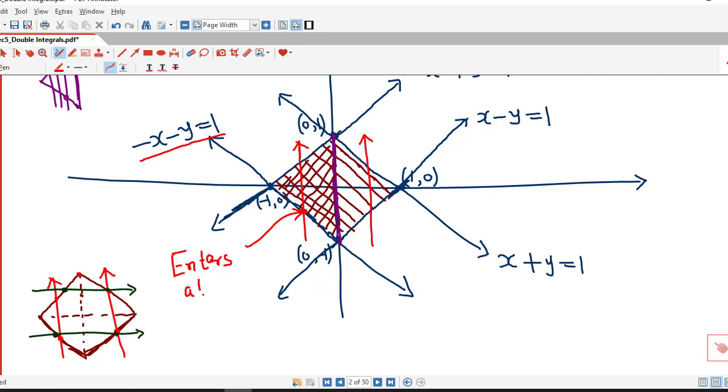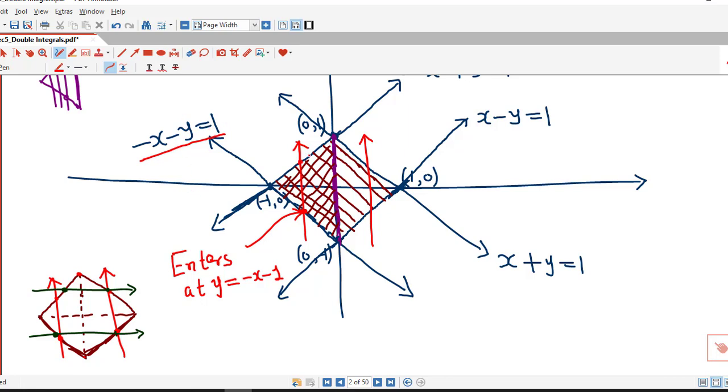If we consider y on this side, the value of y is obtained from this equation, minus x minus y equals 1. So if we put y on the right hand side, we have y equals minus x minus 1.